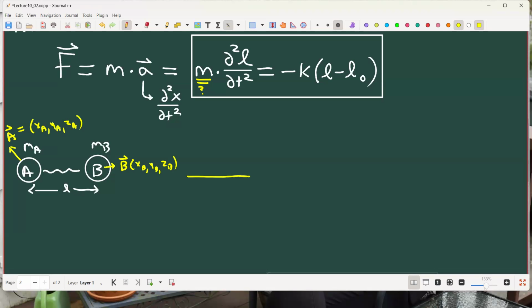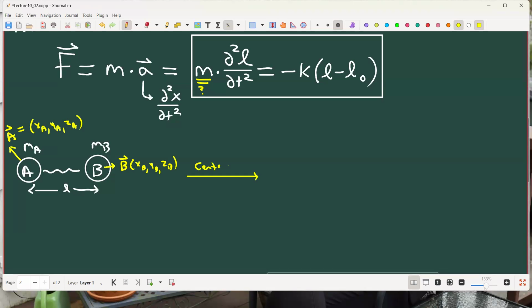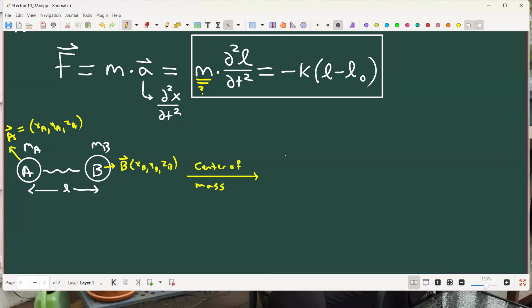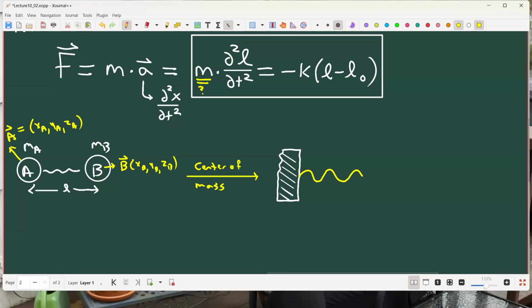We're going to transform this problem by shifting to the center of mass, where now what we have is a fixed wall in place with a spring attached to it, of the same length.